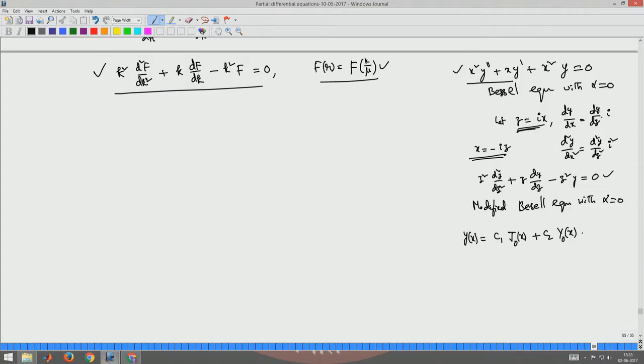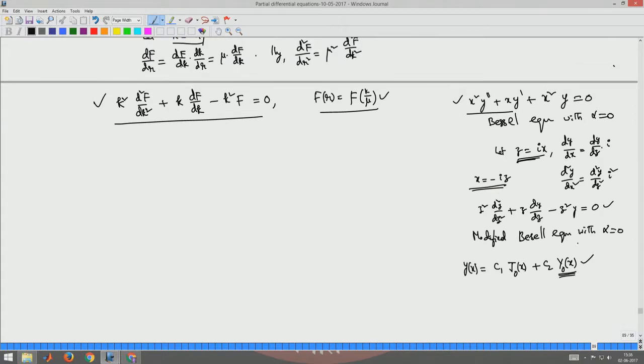When alpha equal to 0, these are the two solutions. For Y0, if you use the Frobenius method, you get a repeated root. If you look back into the videos of Bessel solutions, when alpha equal to 0, this is the general solution.